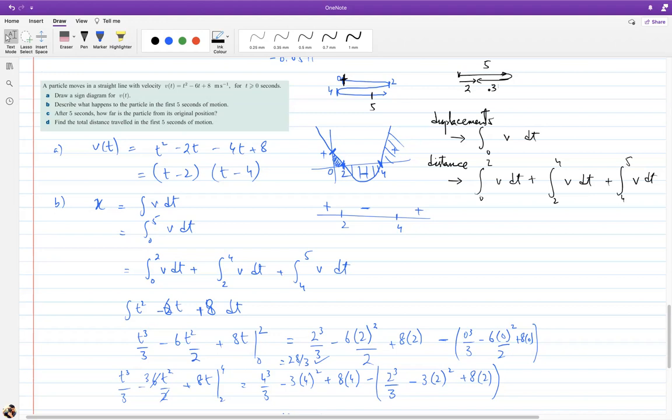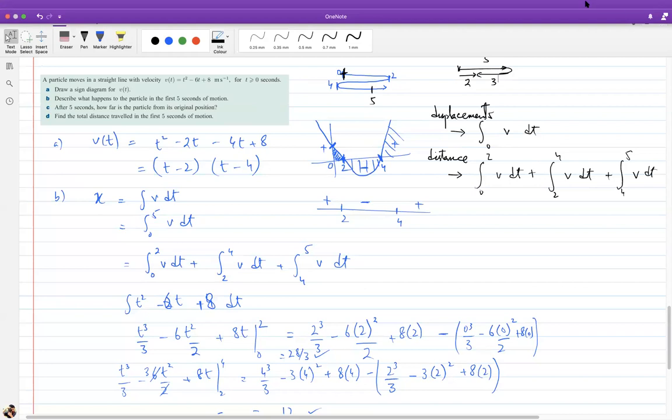And saying that you're 2 steps away from your starting position, that is displacement. Okay, sir. So that's what this whole concept is.